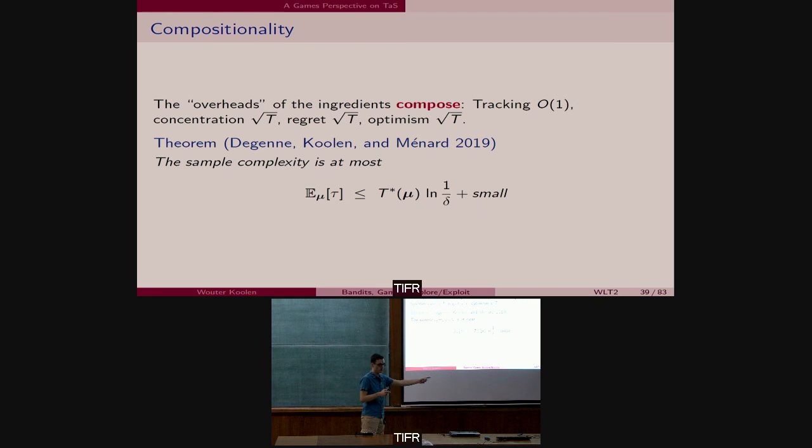There is the regret bound of the learners. We have to take care of exploration, for which we use optimism, so that also generates some overheads. But the good thing is that all these things stay somewhat modular and just add up overheads as you go. And then at the very end, you see that all that was still order square root T, and it doesn't really affect the main term.